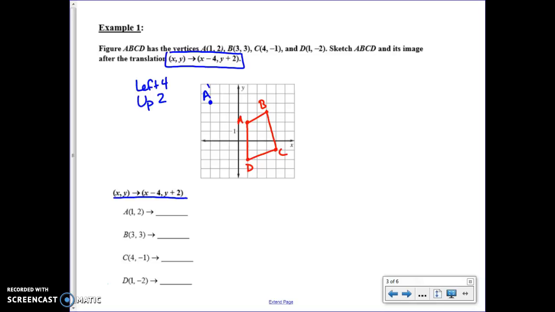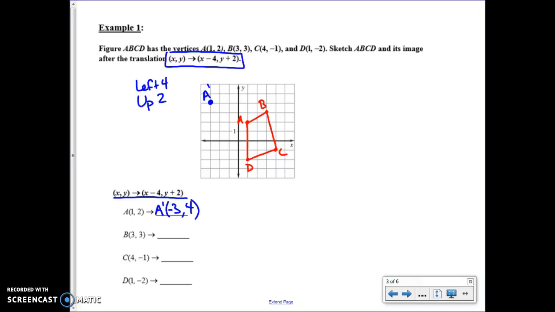If I do 1 minus 4, I get that A prime would be at negative 3. Then I would do 2 plus 2, and I would get that the y coordinate should be 4. If you check, I get 1, 2, 3, 1, 2, 3, 4. It is really where it's supposed to be. You could do the same thing with your other values.